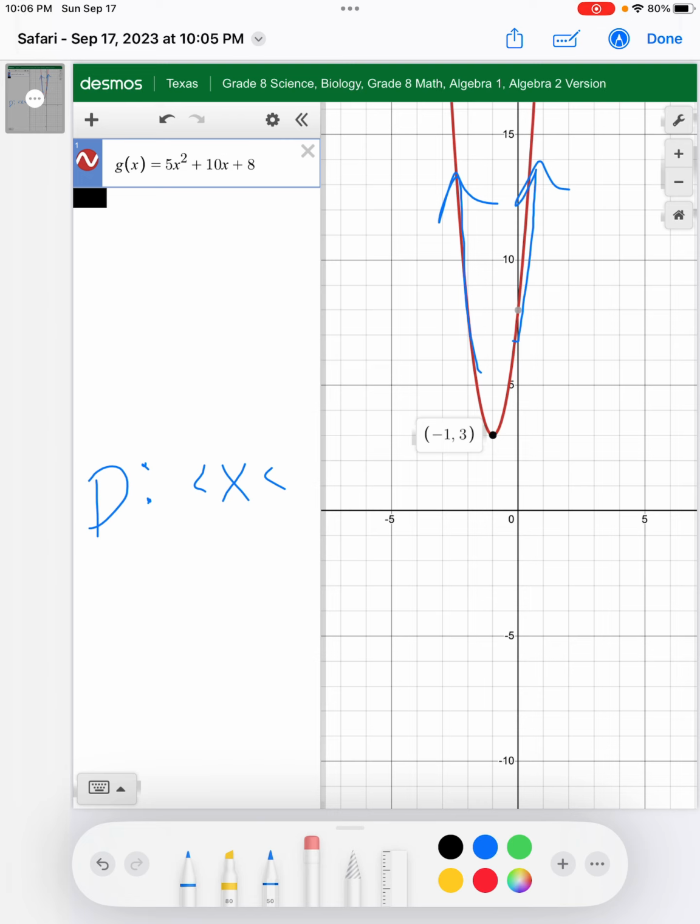So, when I don't have a stopping point on the left and I don't have a stopping point on the right, what am I going to put for my domain? I have to say that we hit every number, or we say all reals, right? That's the usual way that we phrase that. All reals are all real numbers. All reals.